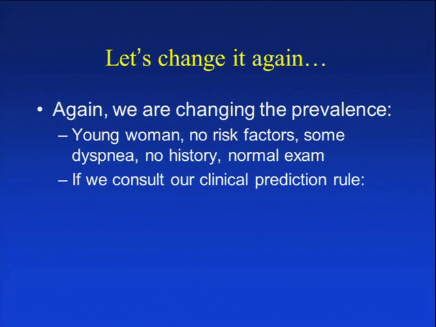Let's change it again. Let's get really low risk here. Now we're talking about a young woman, no risk factors, some dyspnea, no history, normal exam. If we consulted our clinical prediction rule on this, we would find that her pre-test probability was about 5%, really low risk.